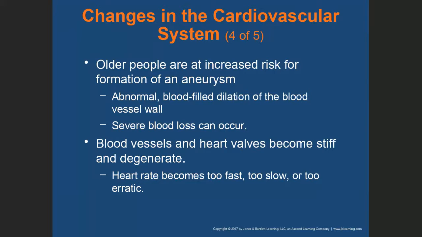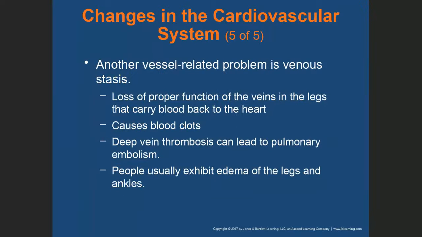It is an abnormal blood-filled dilation of the blood vessel wall, and severe blood loss can occur. Blood vessels and heart valves become stiff and degenerate, and the heart rate becomes too fast, too slow, or too erratic.